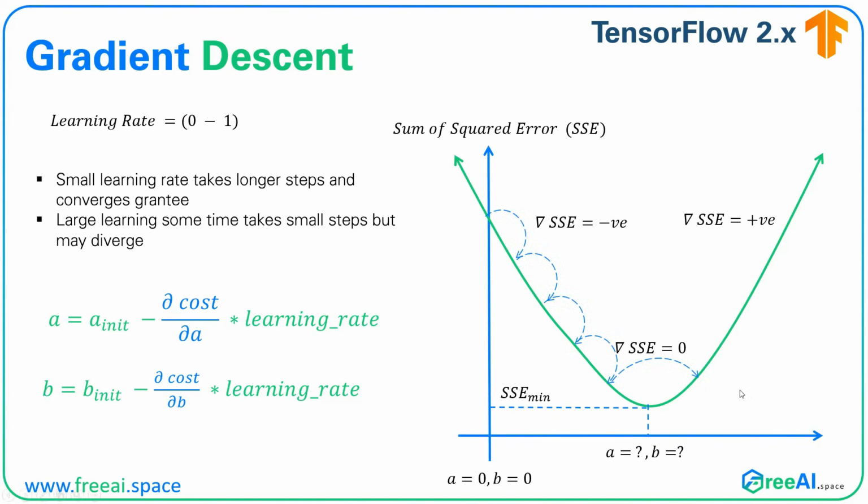Even if it reaches this point on the right-hand side, we are maintaining smaller steps, so we might again reach the equilibrium convergence point much more effectively with the learning rate. The smaller the learning rate, the smaller the steps, and we might converge in a better way and get good optimal values.